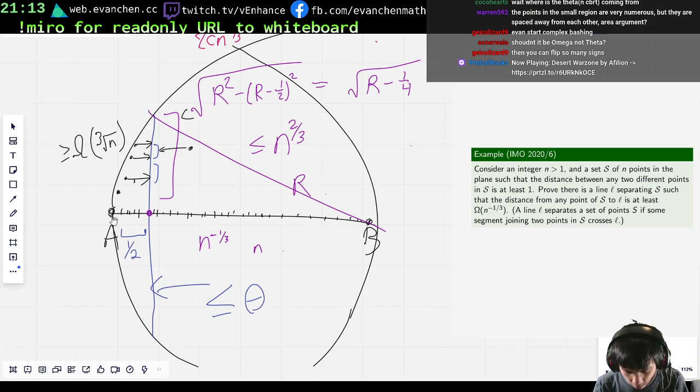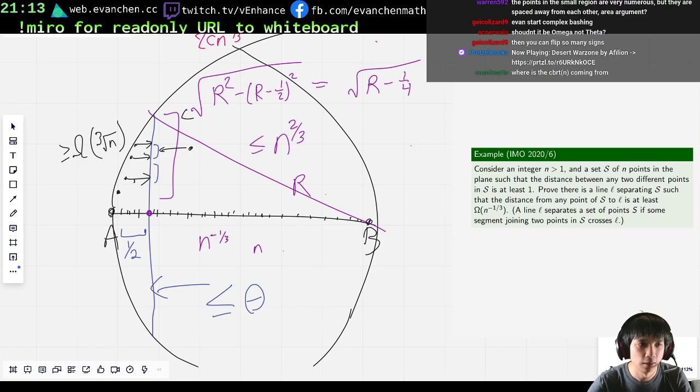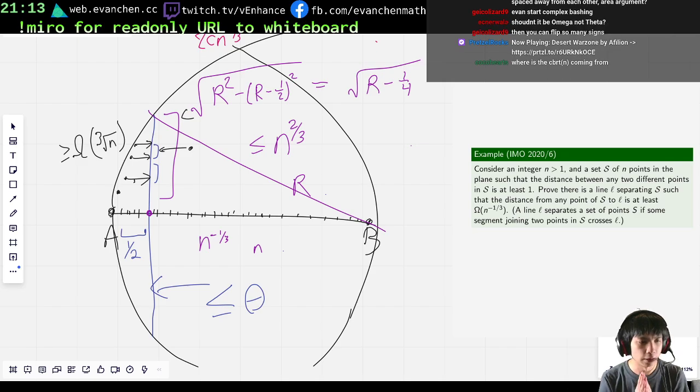But what am I doing? Where's the cube root n coming from? Which cube root n? The number of points? I have a segment of length 1/2, so the hypothesis of the problem is that every two shadows are within cube root n of each other.